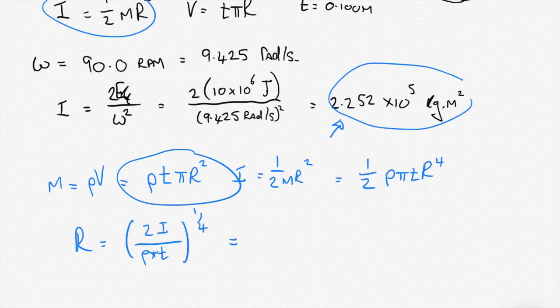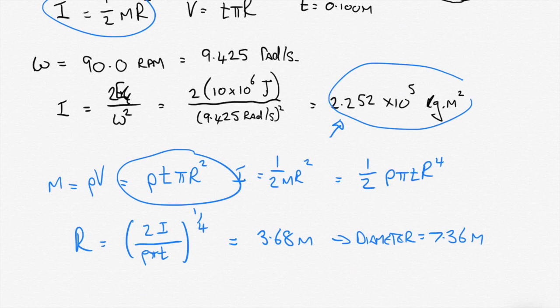Stick that into your calculator, and the answer comes out to be 3.68 meters. Now we're asked for the diameter, so that's twice the radius, which is 7.36 meters.